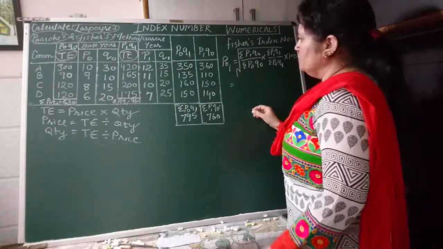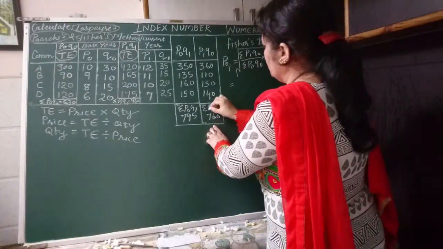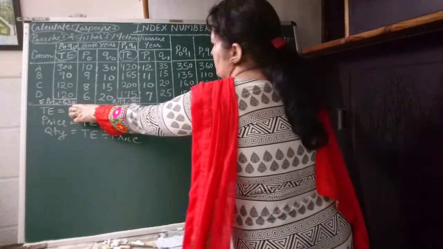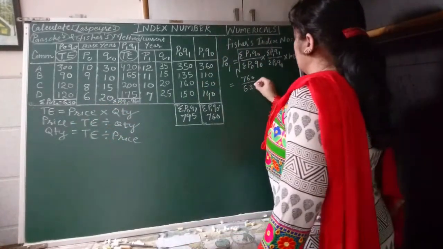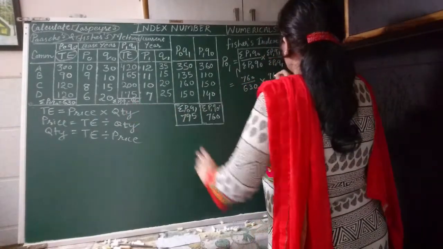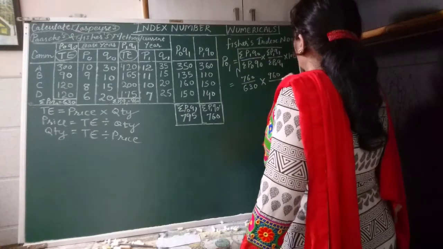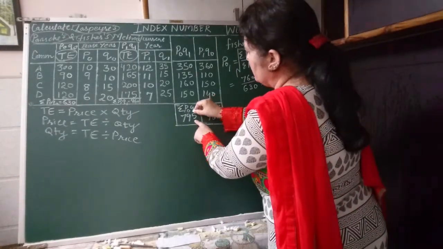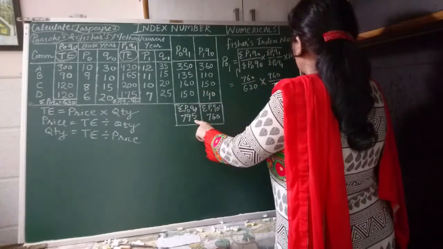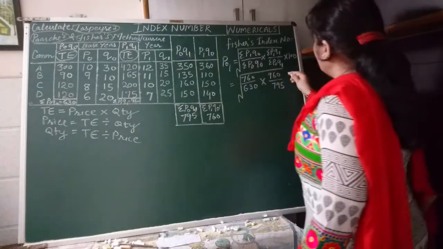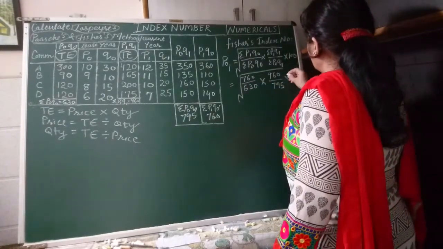That is 760 divided by 630, multiplied by 960 divided by 795, under root, multiplied by 100.